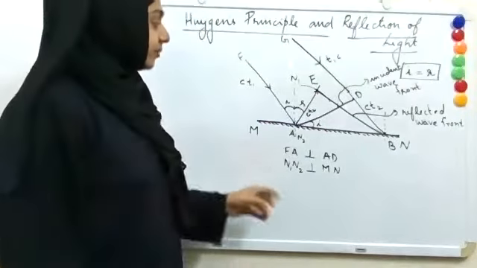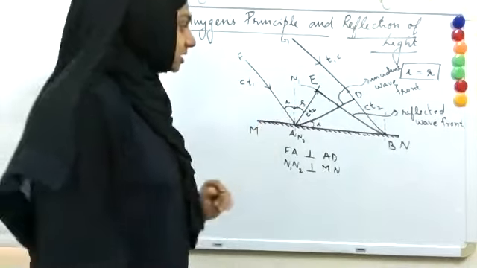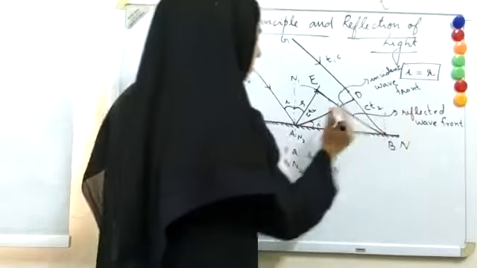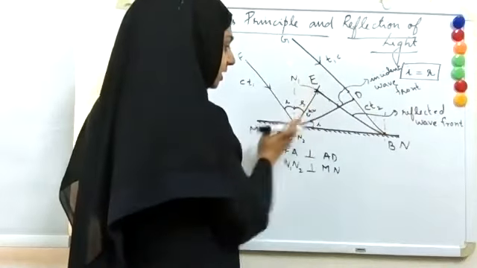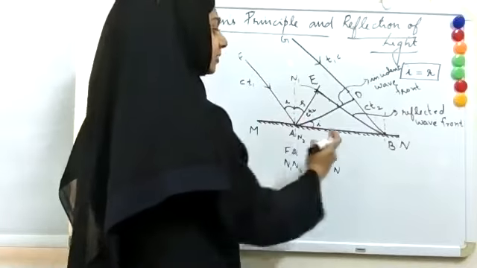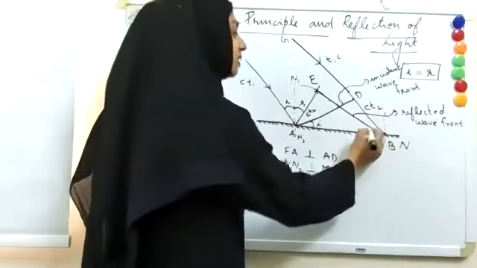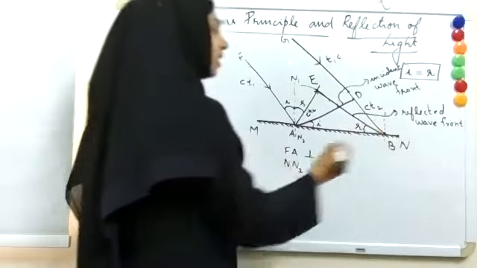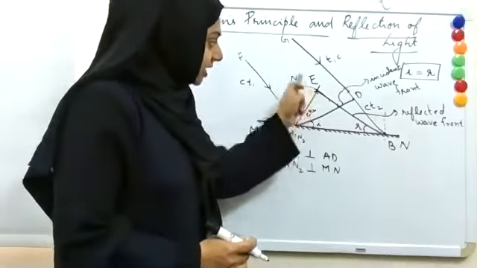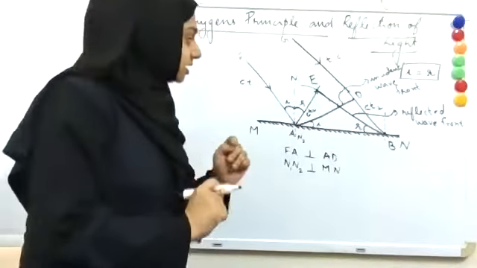In the same way, R is the reflected angle, right? That is the angle between the normal and the reflected ray. So with the same explanation, we can say the angle between the surface and the reflected wavefront also will be equal to R, because the reflected ray and the reflected wavefront are perpendicular to each other.